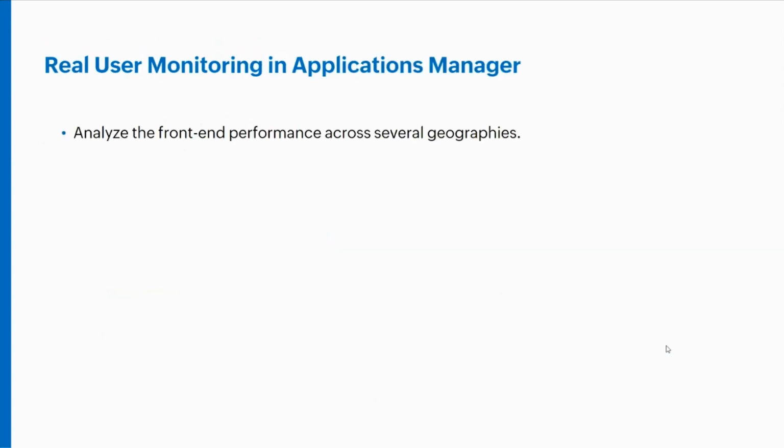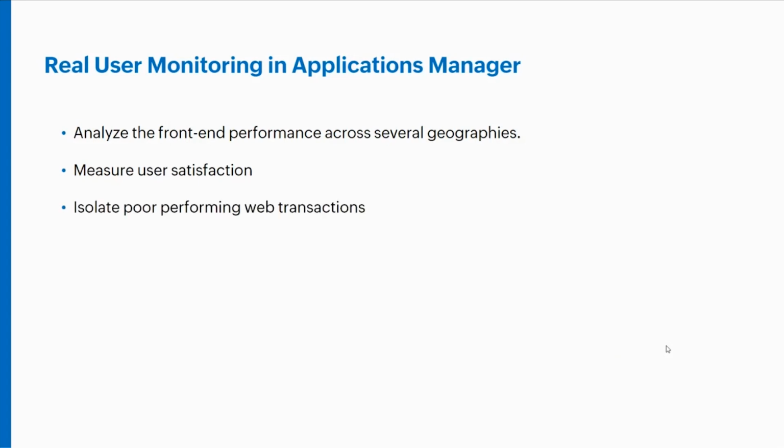So real user monitoring in Applications Manager helps you analyze the front-end performance across several geographies. You will also be able to track the performance of various geographies, ISPs, browsers, and devices to ensure hassle-free digital experiences. You'll also be able to become aware of user satisfaction levels using AppDex scores.